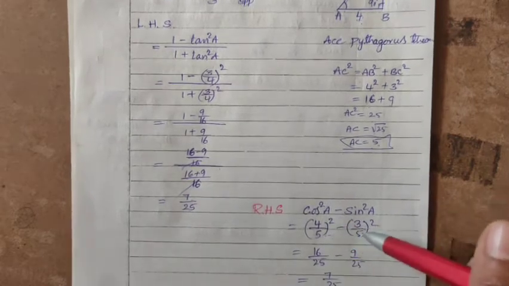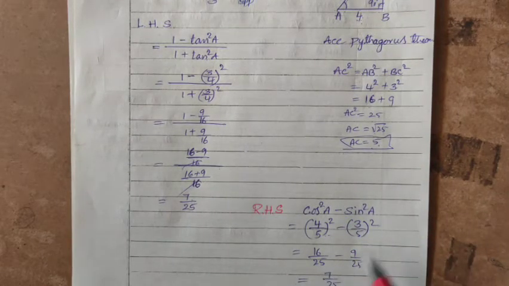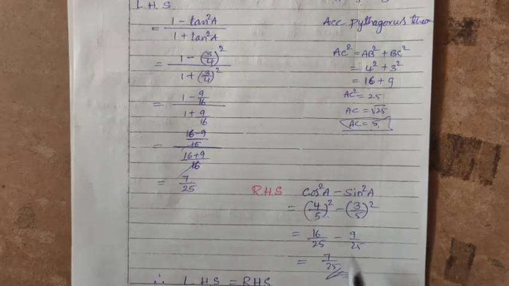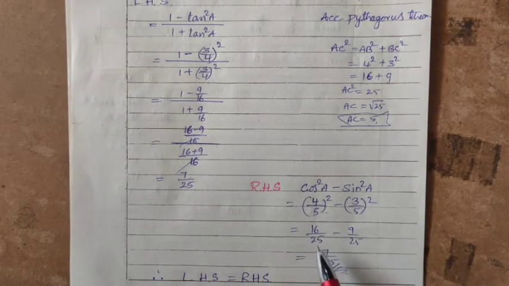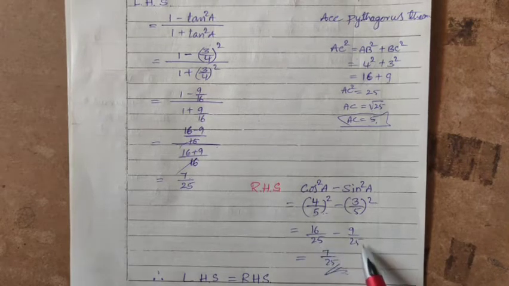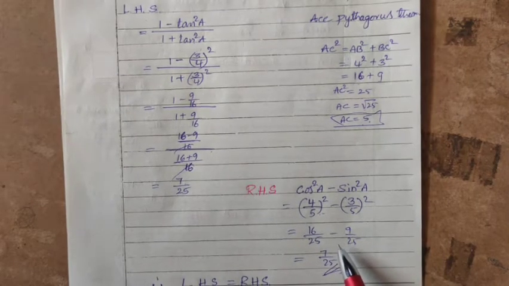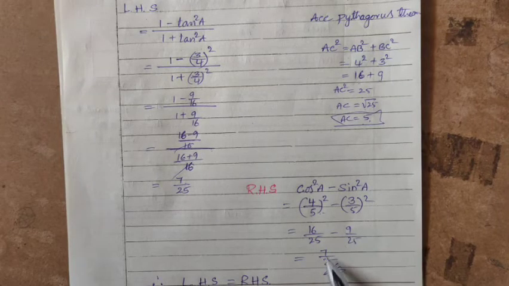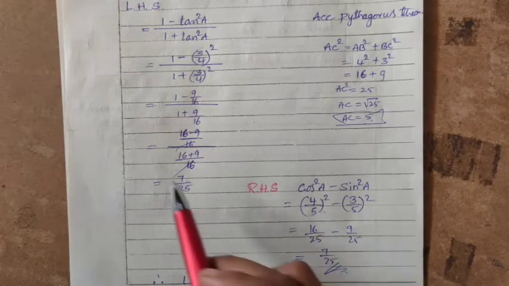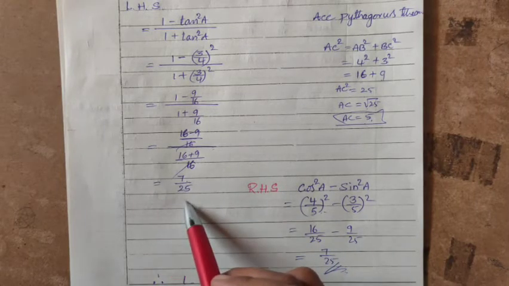Now we can square them. We get 16 by 25, 9 by 25. So now subtract these two. Here the same denominator, so you can directly subtract 16 minus 9. We get 7 by 25. Look at this one. LHS is 7 by 25.